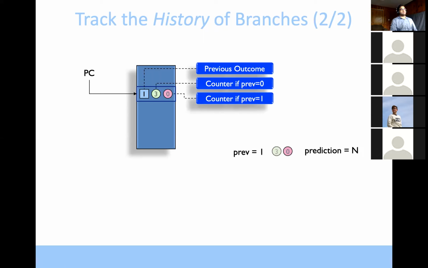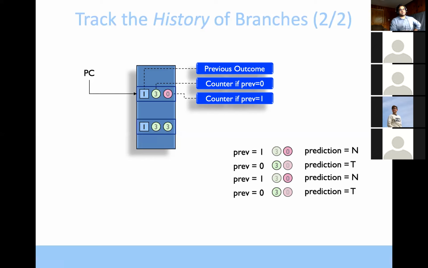For example, if the previous outcome was taken, where 1 is taken, you would use the prediction from the second counter. This is the 0th counter, this is the first counter, which is at 0 because it has seen not taken so many times, it's saturated to 0. Whereas if the previous outcome was 0, we would then use the first counter, which is at state 3 because it has seen taken so many times, and so it predicts taken.